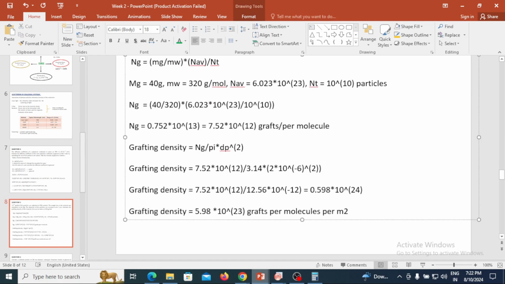So this is the grafting density, 5.98 times 10 to the power 23 grams per molecule per meter square.